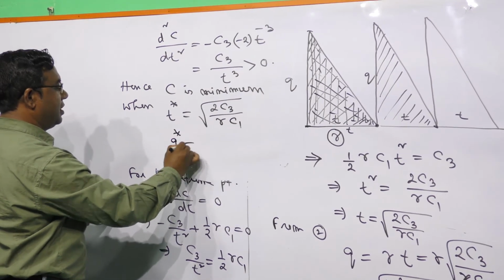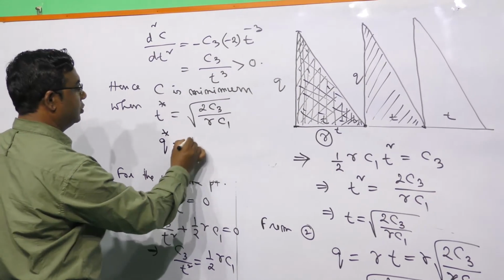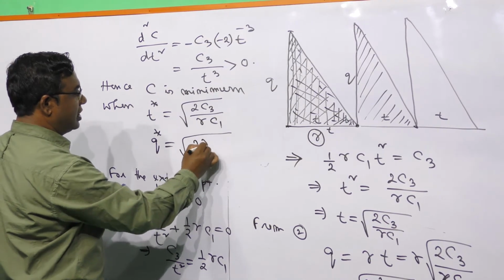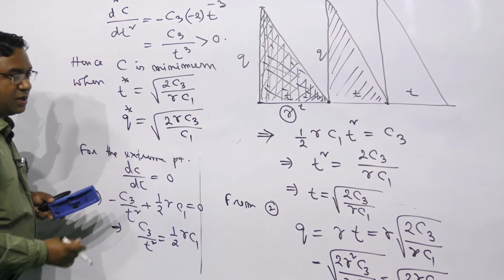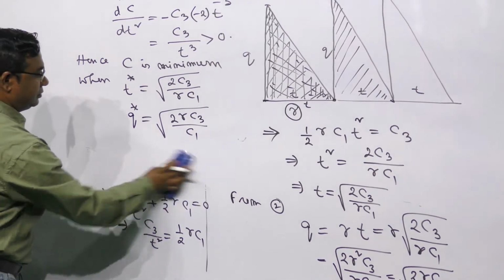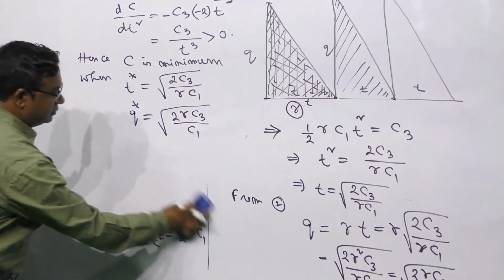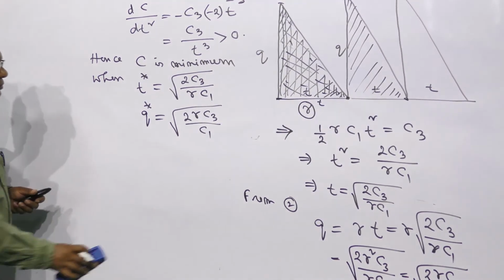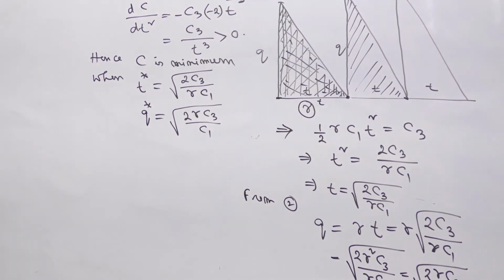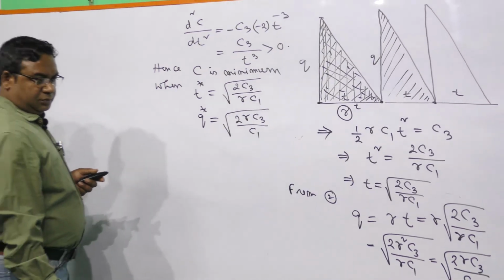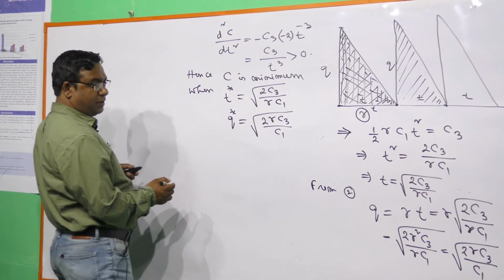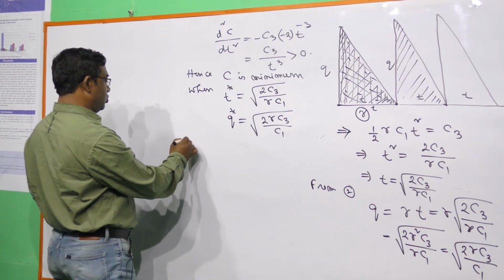Then this is the optimal value of Q: Q is root over twice R C3 by C1. Then we have to find the total value of the total cost.